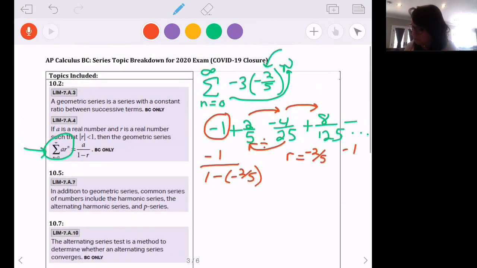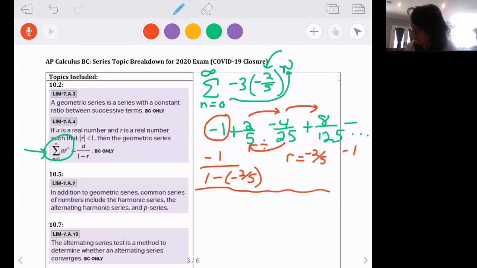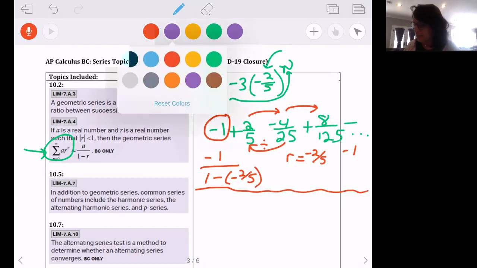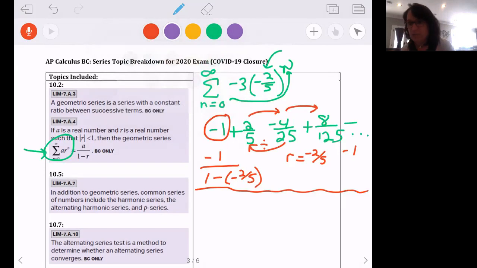The other thing to watch out for with our geometric series, sorry I took up most of the space here, is when it's not quite in that form and you need to mess around with it. We practiced that quite a bit, so I'm not going to do examples, but just keep in mind that if it maybe looks like 2 and then there's a 3 to the n minus 3.